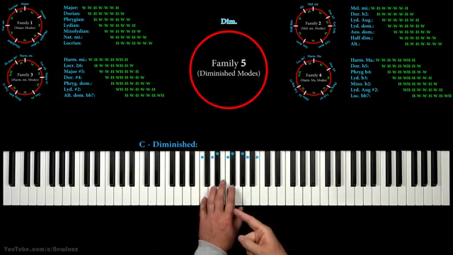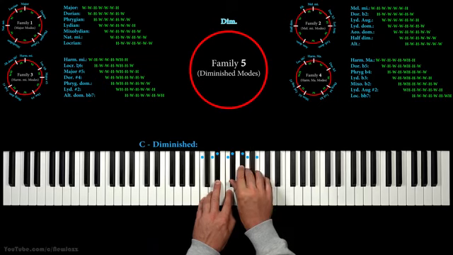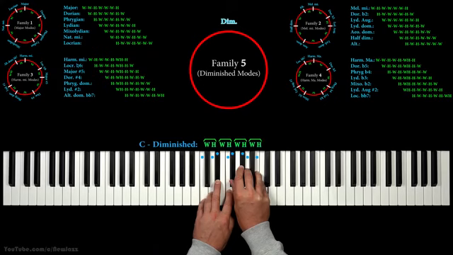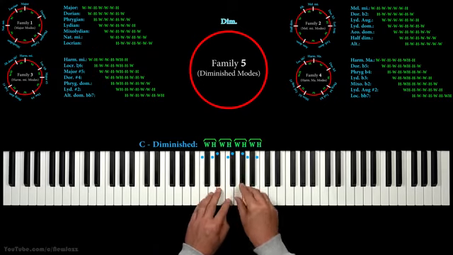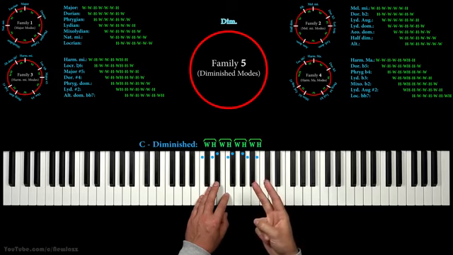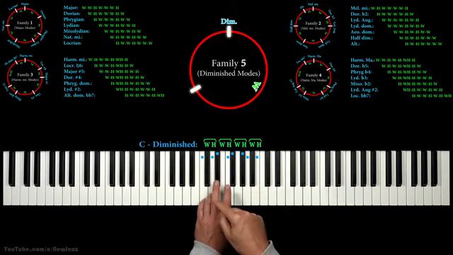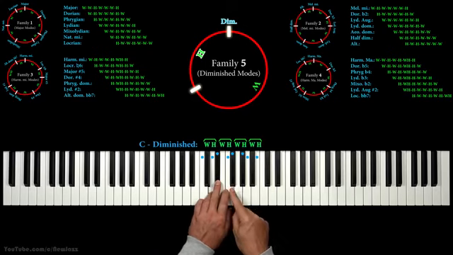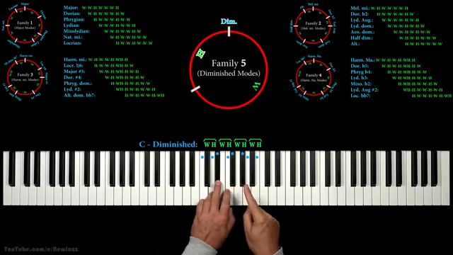Here we got the diminished scale. An 8-note scale when framed by an octave. But look, the scale actually has a repeating interval pattern on only every 2nd note. So, let's only make 2 markers on our family 5 circle. Look, we have whole step, half step, and then we simply just repeat that interval pattern.